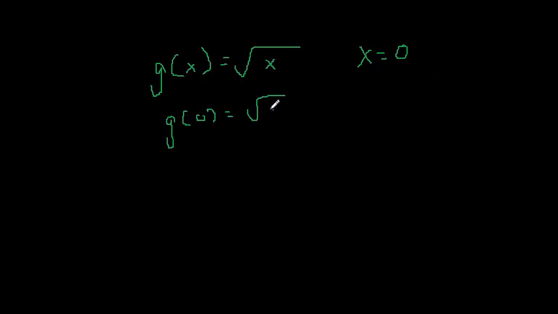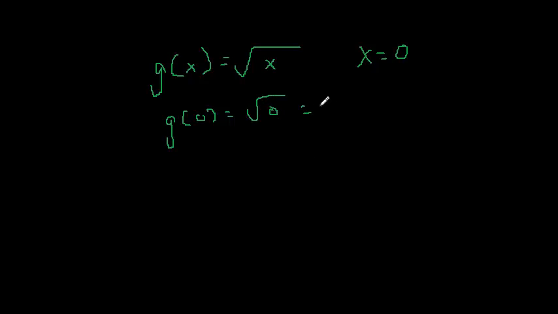We'll check one other function. Let's say g of x. This time g of x is going to equal the square root of x. Now, is there anything that I can't plug in here that would limit my domain? Well, let's try a couple things. What if I have x equals 0? Well, g of 0 is the square root of 0. I'm asking myself what times itself gives me 0.